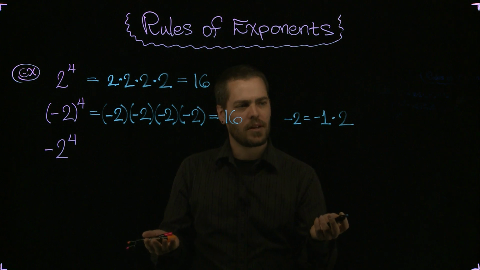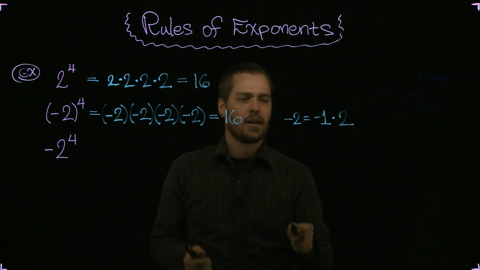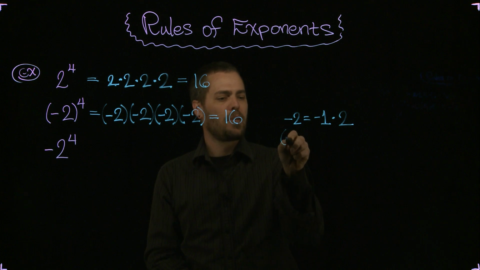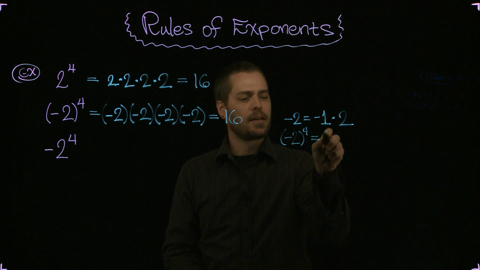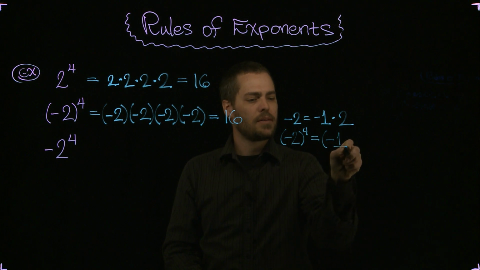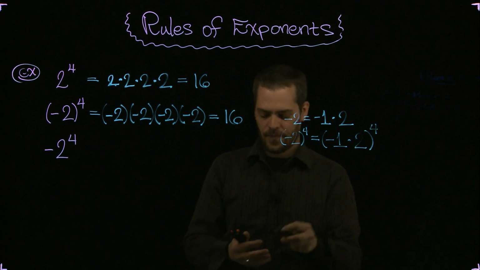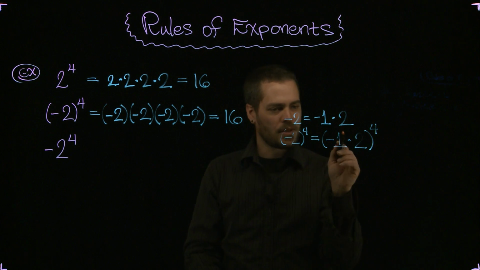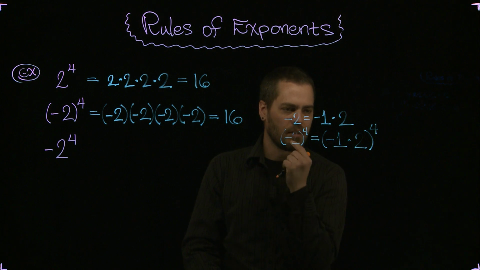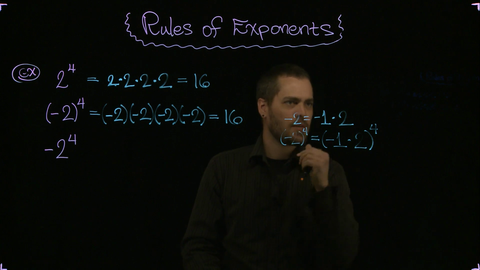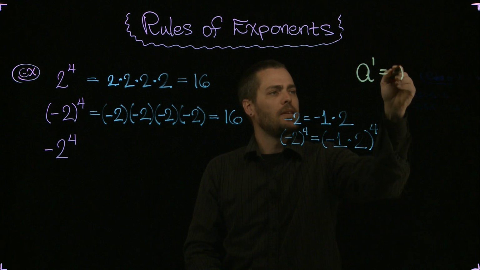Now, why would I even want to look at it that way? Just to point out something interesting here, that if we have negative 2 to the 4th power, I can say that that's the same thing as negative 1 times 2 to the 4th power. And then we can distribute the power to the powers of those numbers. Now, I don't know if I said this previously, I don't think I did, but anything to the 1st power is itself.